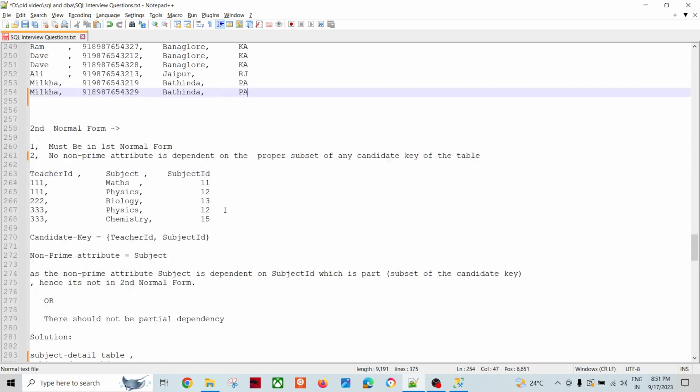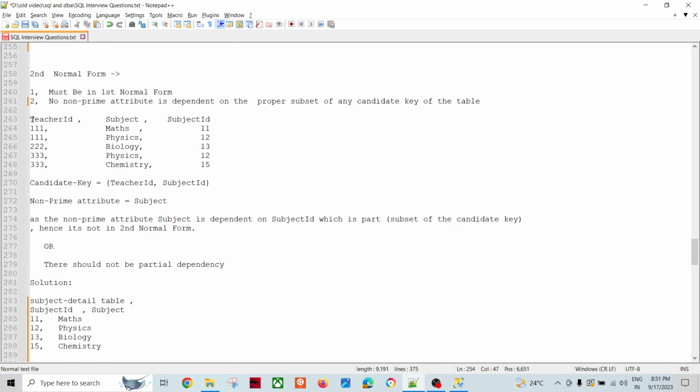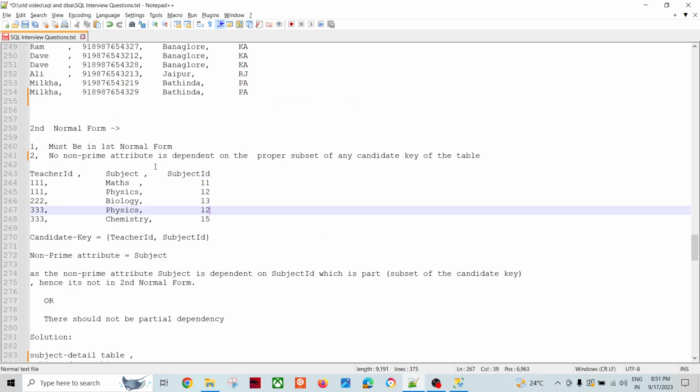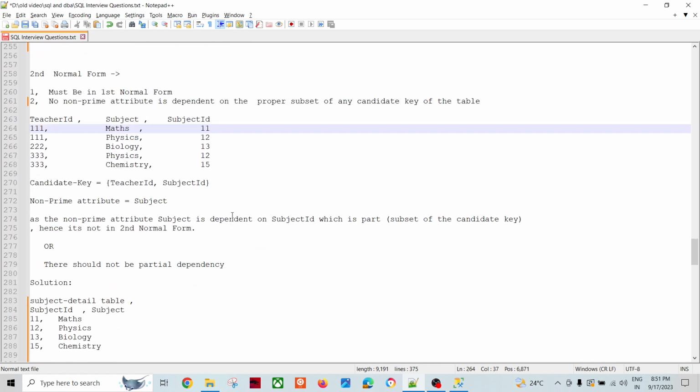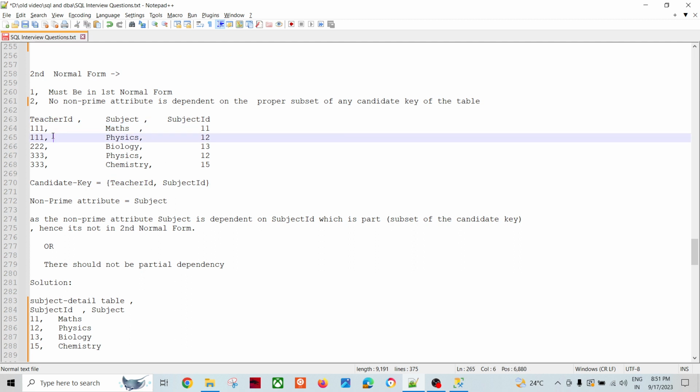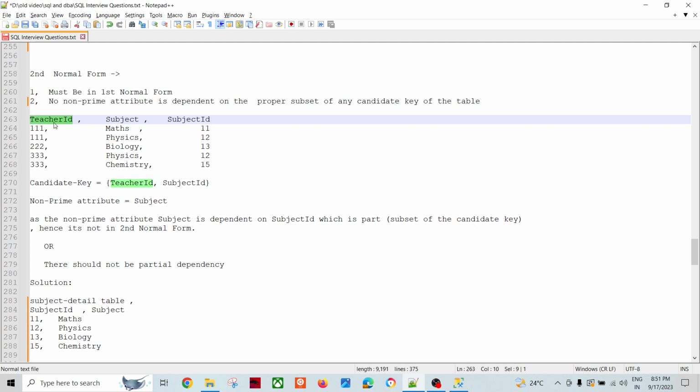Once it is in first normal form, we can create two tables so that non-prime attributes do not depend on part of the key. There should not be partial dependency. Math should not be dependent upon L1, because teacher ID and subject ID together form a candidate key, or you can say a primary key. There could be other attributes also, for example attributes related to the teacher.